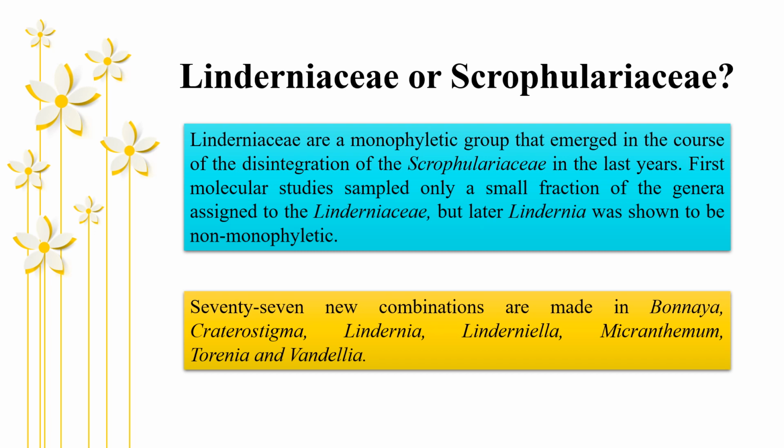Before that, Linderniaceae was under Scrophulariaceae or in a merged form, but now it is completely differentiated. The Linderniaceae family includes genera like Bonaya, Craterostigma, Lindernia, Linderniella, Micranthemum, Torenia, Vandellia, etc.